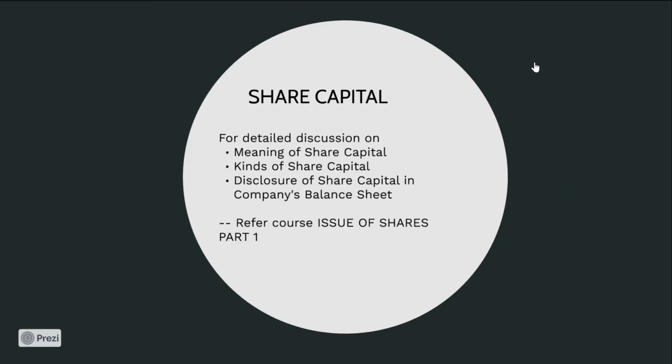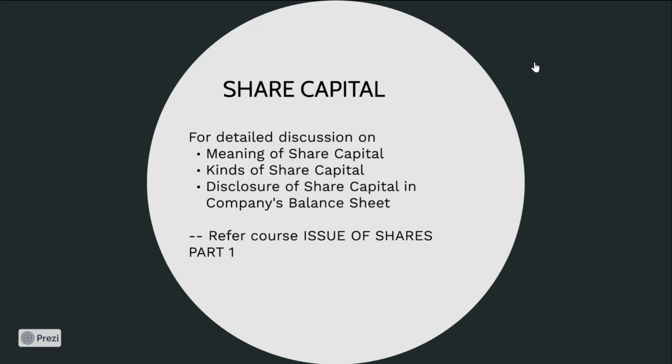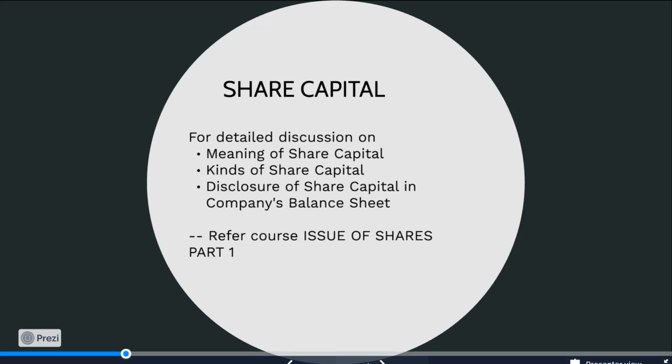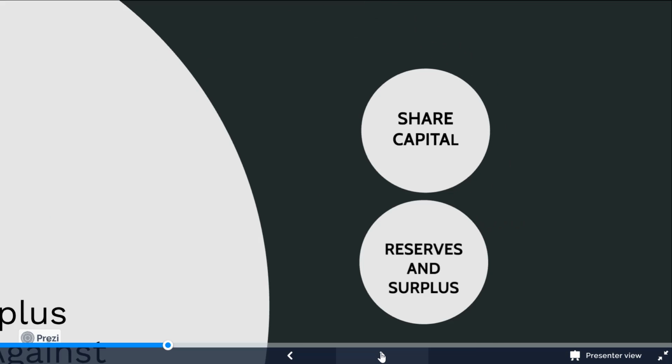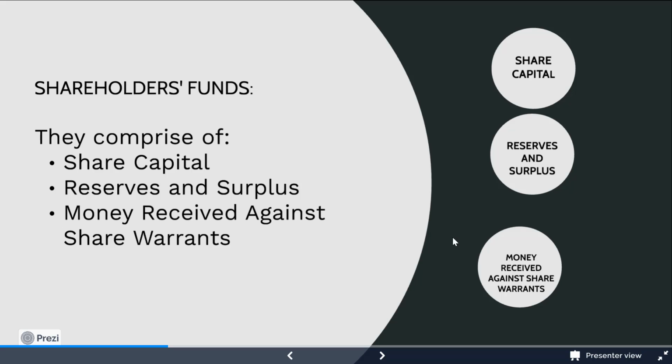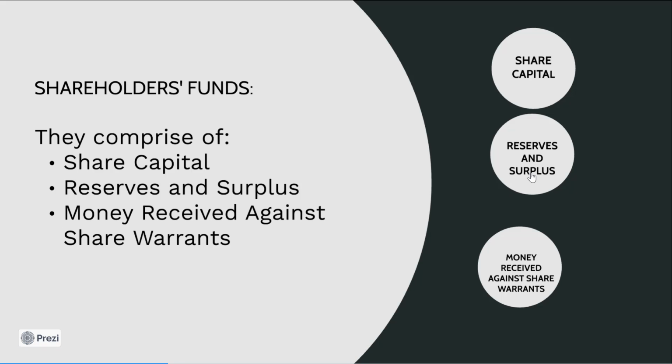Now, share capital, we've already learnt about the meaning of share capital, the kinds of share capital, as well as disclosure of share capital in company's balance sheet in the course on issue of shares. So, we will not go into detail right now on this. We'll continue with reserves and surplus.